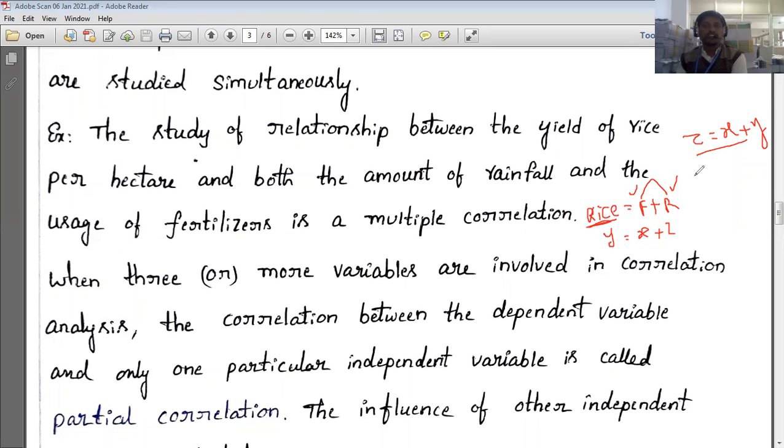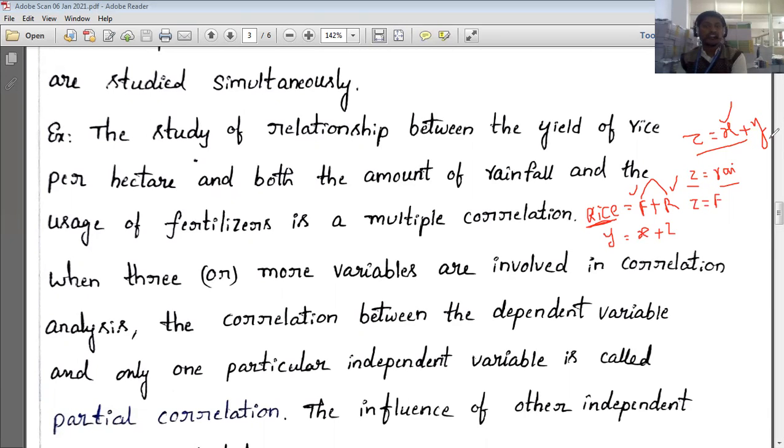But in partial correlation, we are not discussing all the independent variables in the relation. We are discussing only one. Suppose rice is equal to rainfall: I am not discussing fertilizer, I am discussing only rainfall and rice. Or we discuss rice and fertilizers, not rainfall.